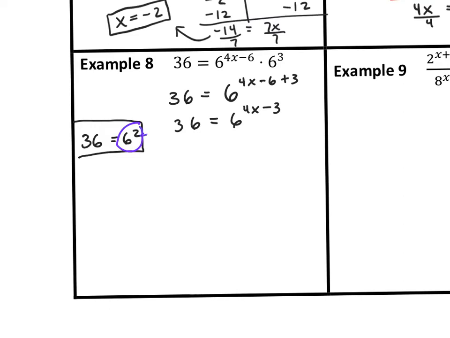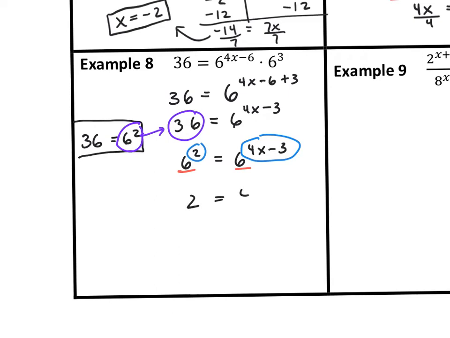And so I can make this substitution and say 36 is actually 6 to the second power. Copy the right side. And what do you know? We have the same base. So if we have the same base, what can we say about the exponent? That the exponents are equal. And then we just solve.